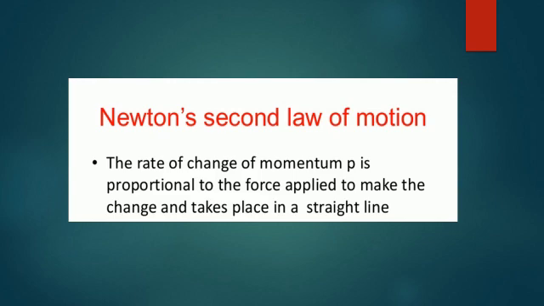So the rate of change of momentum is directly proportional to the force applied to make the change. Only when you apply the force will the object move, and any object which moves has momentum. And that change takes place in a straight line. This is another way of stating Newton's second law of motion.